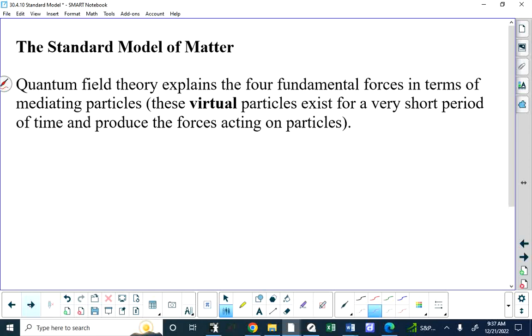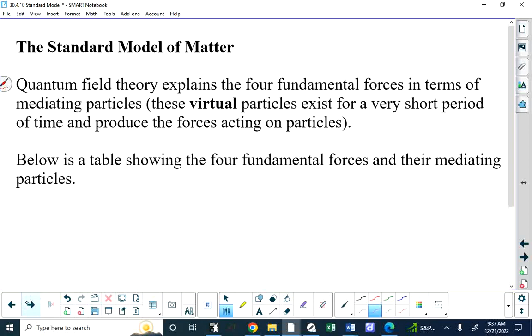And these mediating particles are sometimes called virtual particles because they only exist for a very short period of time. They only exist to produce the force. But they're always existing, and what I mean by that is they appear and they disappear and they appear and they disappear. And this actually happens. There are these particles that are doing this to explain the forces.